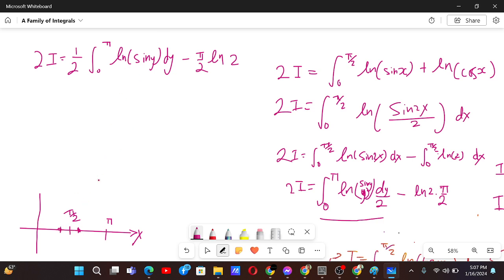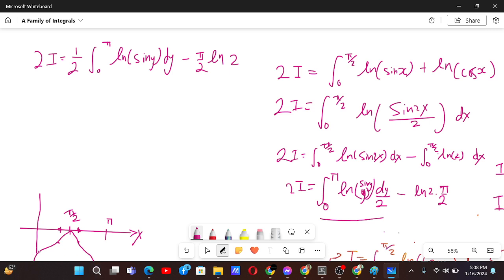And since the values of sin y are less than 1 and the logarithm of less than 1 is negative, both of them will have the same negative value. So actually the graph is symmetric about this point pi by 2.